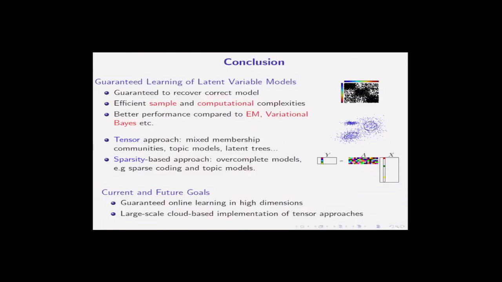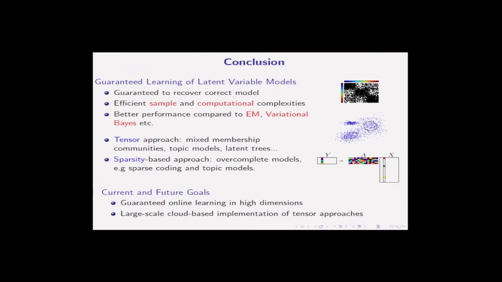But I'd like to conclude by saying that I've been interested in a range of different latent variable models and incorporating statistical constraints in terms of conditional independence relationships for guaranteeing consistency, low sample and computational complexity for these learning methods.